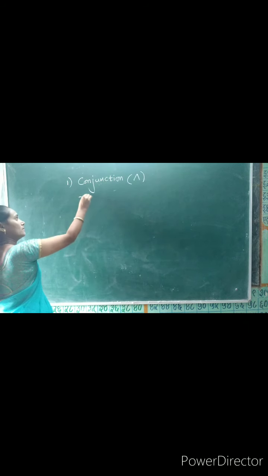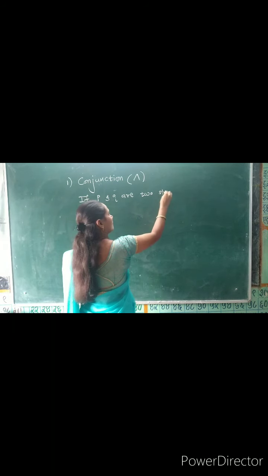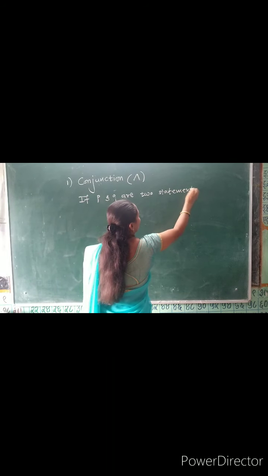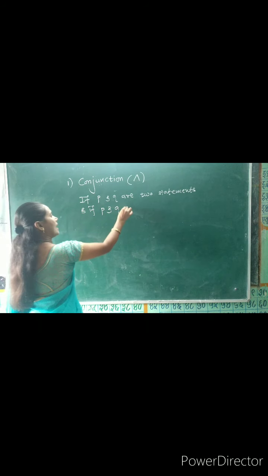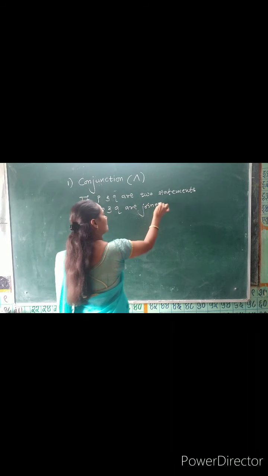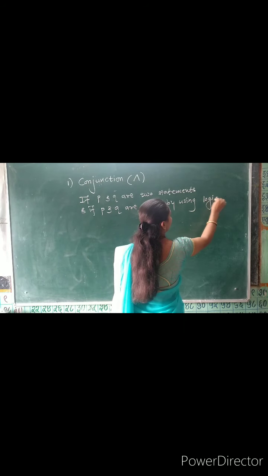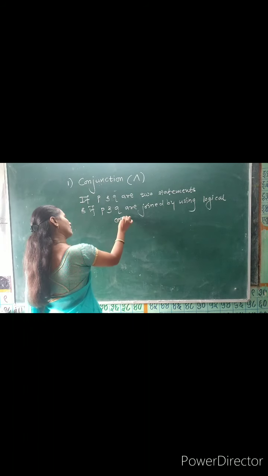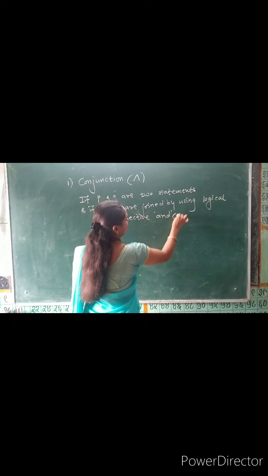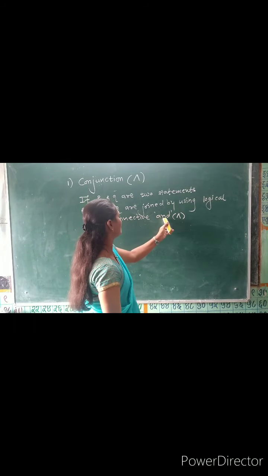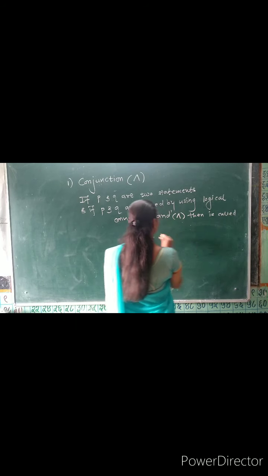Conjunction: if P and Q are any two statements, and if P and Q are joined by using the logical connective and, whose symbol is written in brackets like this, then it is called a conjunction.